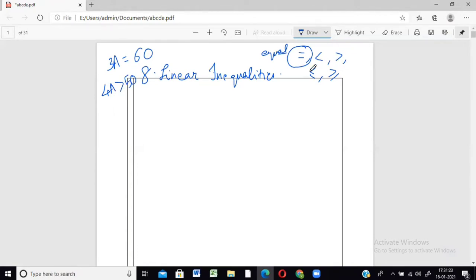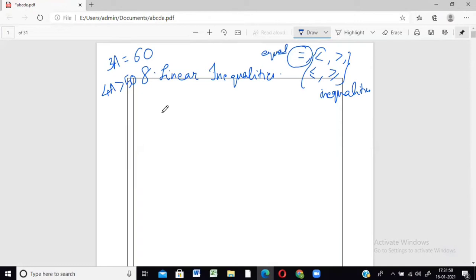Likewise, if I use this or this or this, these four symbols are what are called inequalities. We don't use them when things are equal, but when we have to say that this one is slightly more, or this one is slightly lesser than the previous one, that time you'll use these quantities. Now let me give you an example.